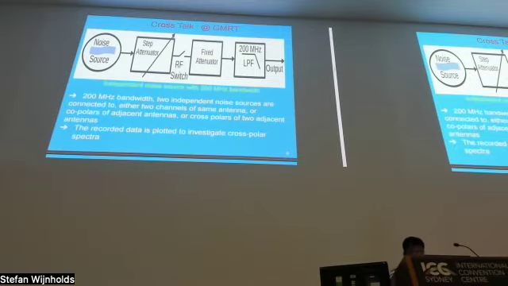Next, as far as analog and digital systems are concerned, we have checked the crosstalk by using independent noise sources. An independent noise source of 200 MHz bandwidth is inputted at two channels, either of the same antenna or adjacent antennas, same polarizations or different polarizations. Then the data is recorded and plotted.